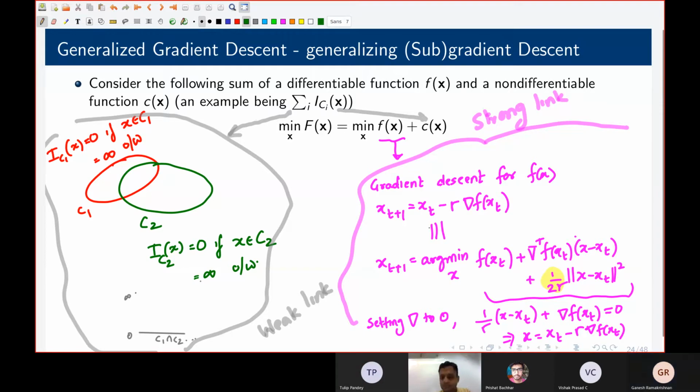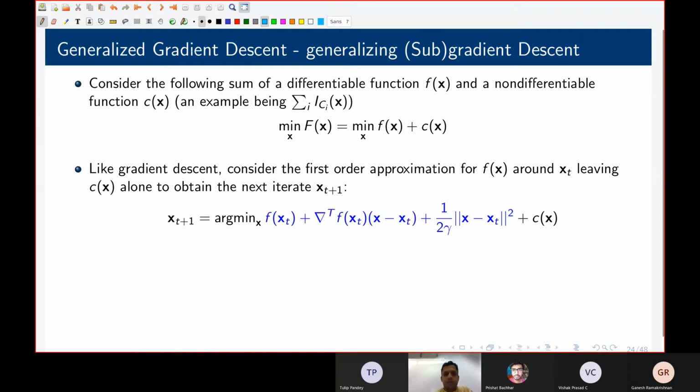So this entire thing, or rather this component, is a quadratic approximation to f around x_t. Okay, so this is exactly what we have brought up here, a quadratic approximation.